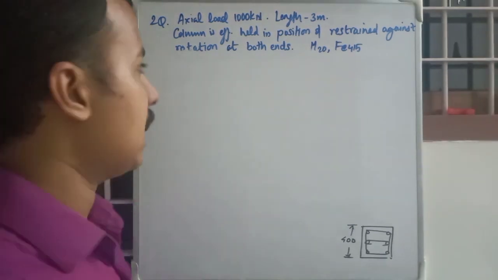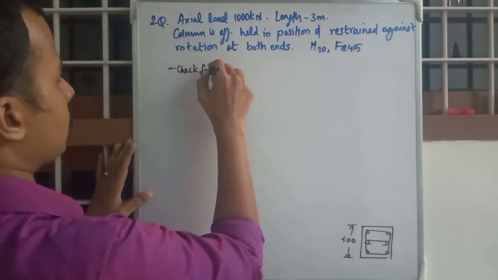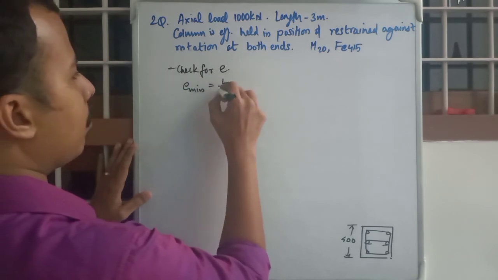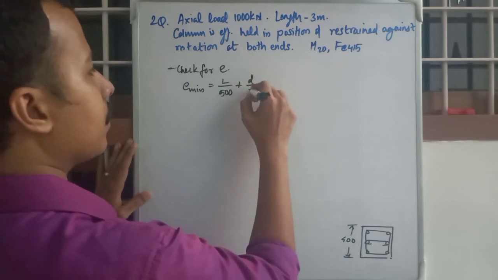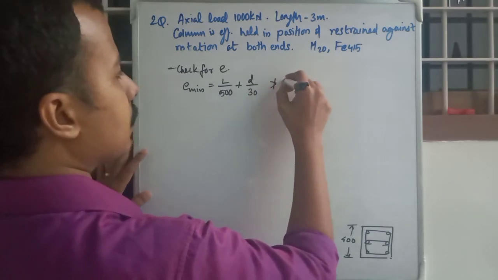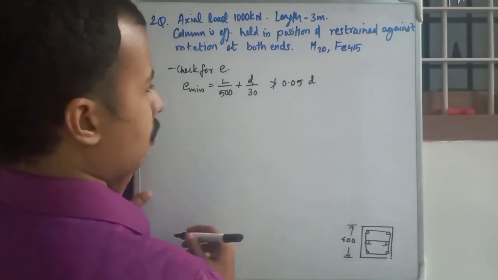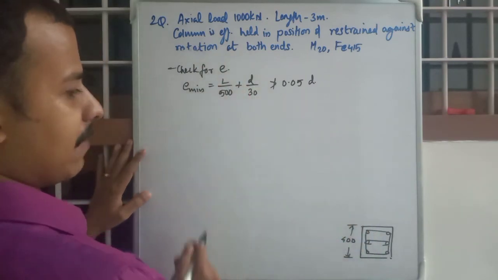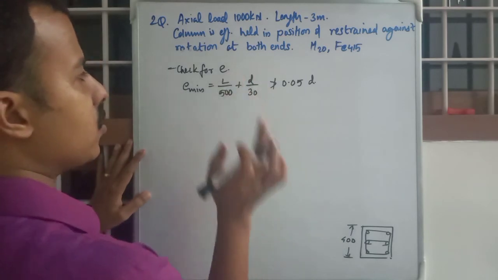next one is check for eccentricity. E minimum is equal to L by 500 plus D by 30, and that shouldn't be greater than 0.05 D, that is 20. In this case, that is a square section, we don't need to calculate x and y directions, just substitute D as 400 and L as 3 meters.